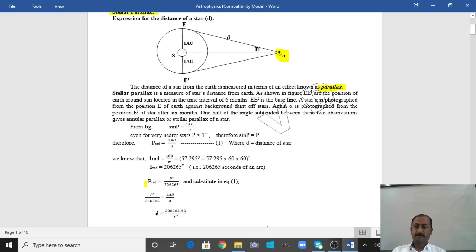Therefore, subtended angle p radian is equal to p second upon 2,06,265. Here you can substitute this value in equation 1. For p radian, it becomes p second upon 2,06,265 equals 1 astronomical unit upon d.